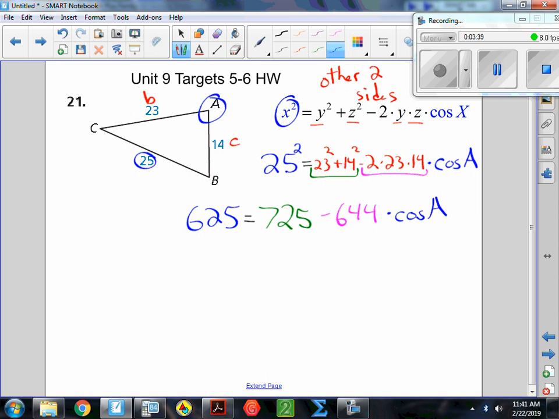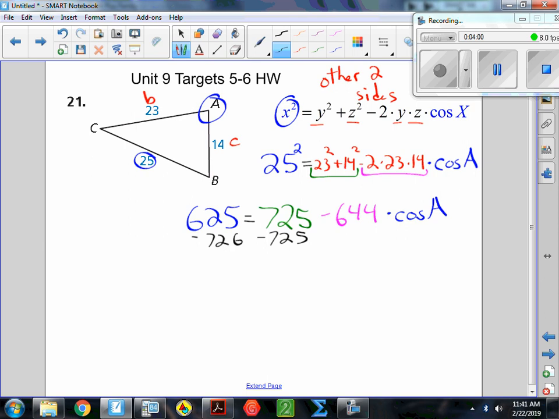If you think about the algebra steps to work this out, we need to subtract the 725 from both sides because it's a positive number and I want that to be a 0. Then I'm going to have to divide by the pink number because the 644 is being multiplied by the cosine. So we're doing inverse operations. We'll start by subtracting 725.